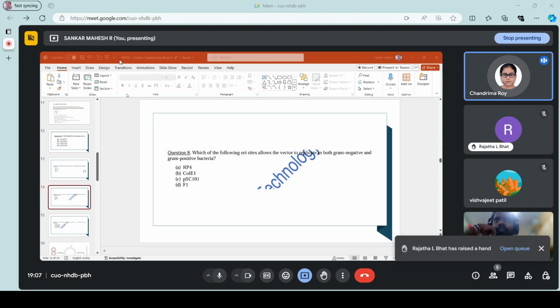For F1 I have no information, and Col E1 I only know about pSC101, but it doesn't grow in both gram positive and gram negative. Hmm. Okay, so you say pSC101 doesn't grow in both gram positive and gram negative. Do you know in which set of organisms it grows? E. coli?